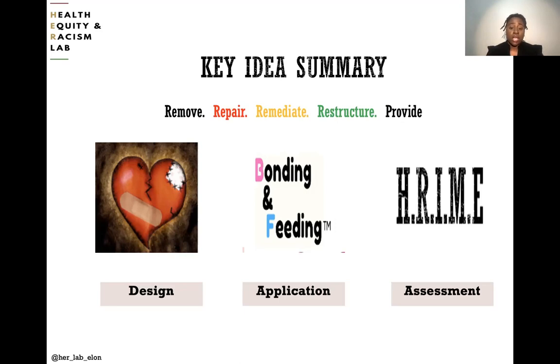And if you're using R4P, you need to also be able to use the HRIME scoring guide to assess a program or a policy or institution or an organization. And you can use the HRIME scoring guide to assess an organization that wasn't used with R4P as well.